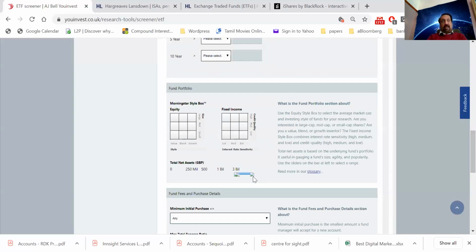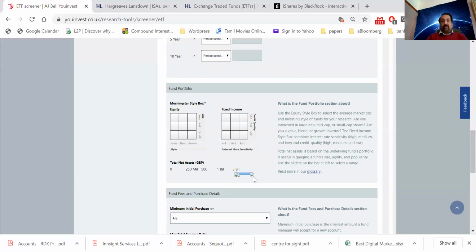If they are 3 billion or more, there are two advantages. One, they're huge. They've got lots of money coming in as management fee. They have a huge number of people looking after it. So that's a safety factor. The other factor is 3 billion means there will be lots of people buying these shares, lots of people selling these shares. Now, what does that matter for me? Tomorrow, if you want to sell these shares, you will find a buyer very easily.